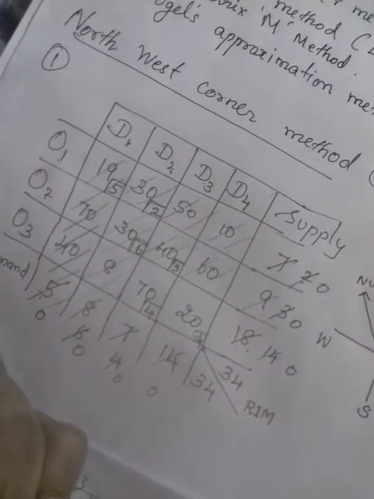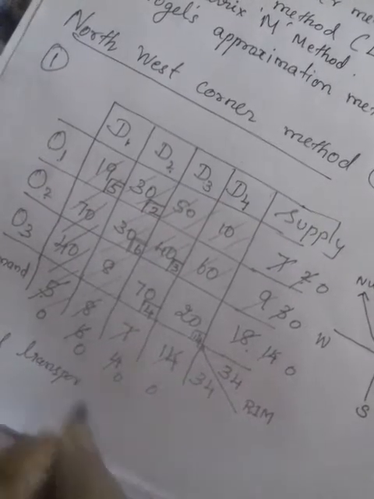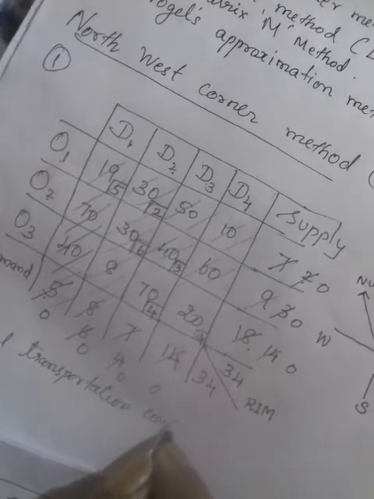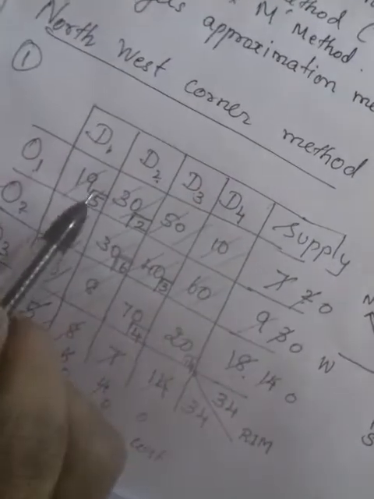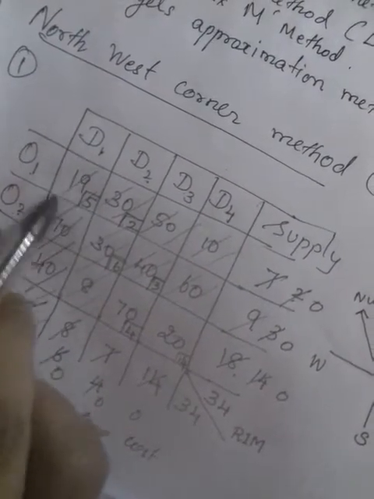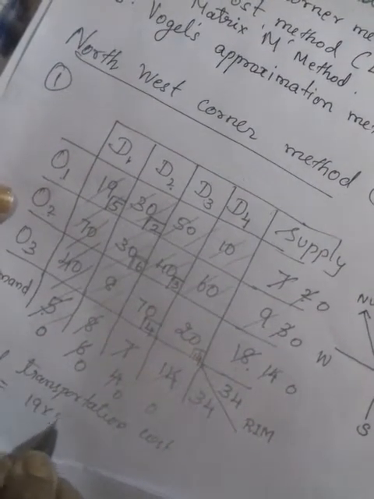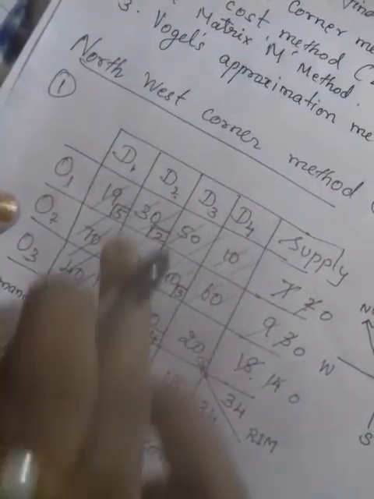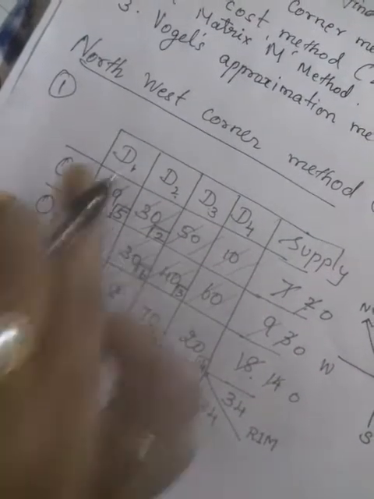Total transportation cost is equal to, so now 19 product you sent, 5 product you sent for the cost of 19, isn't it? So 19 into 5. You have to take each allocated cell and multiply. 30 into 2, I am taking row wise.